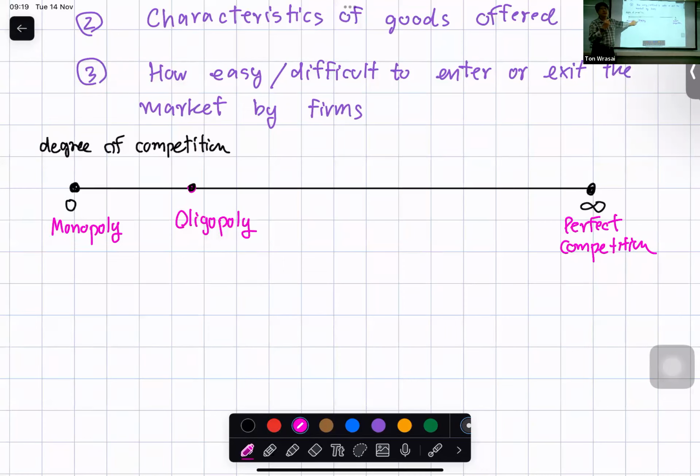Think about competition between Coke and Pepsi. In politics, we think about political competition between Republican and Democrat in US politics. It's in this structure called oligopoly. And how about somewhere closer to perfect competition? We have this one called monopolistic competition.